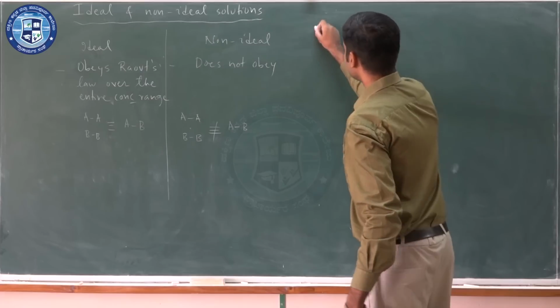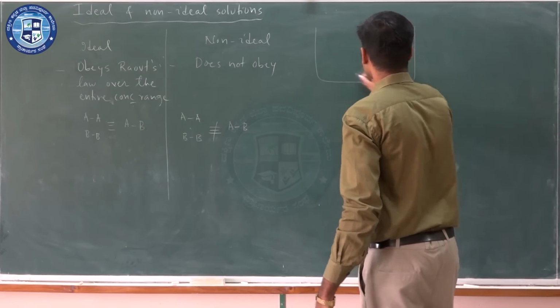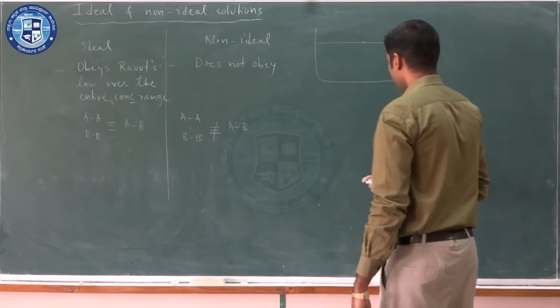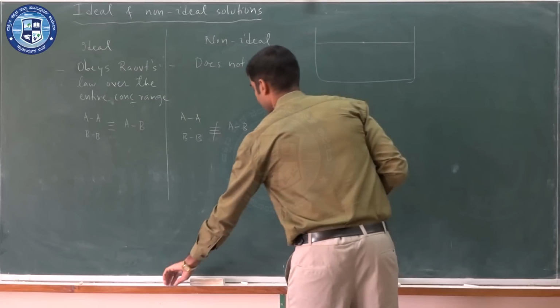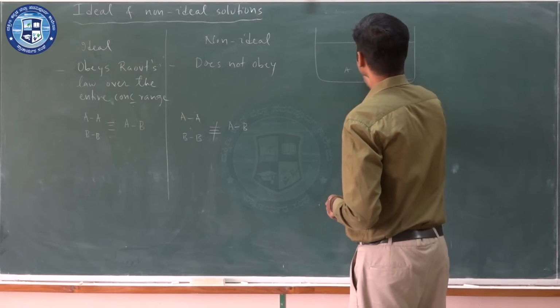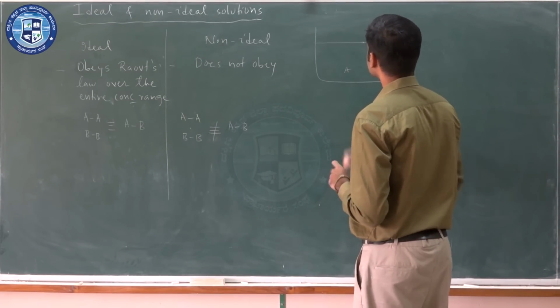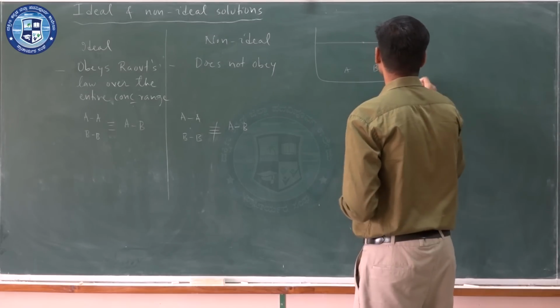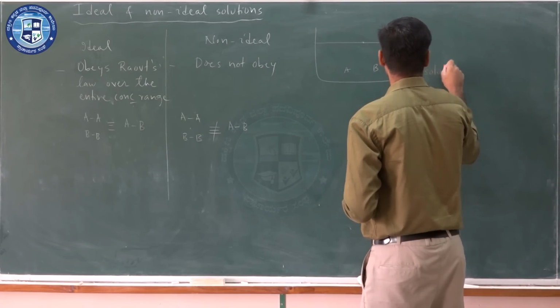Let me take the help of this diagram to make you realize this. I have got components, say 1 and 2 or A and B, and these are the components that are present in the solution. So, this is my solution.